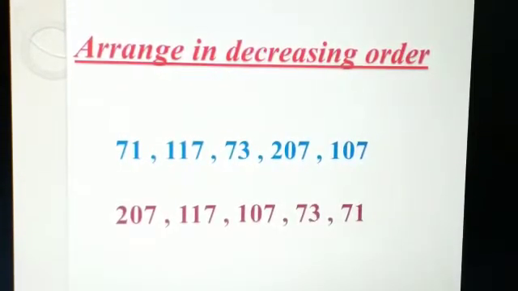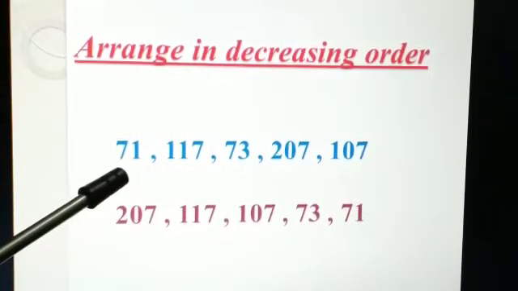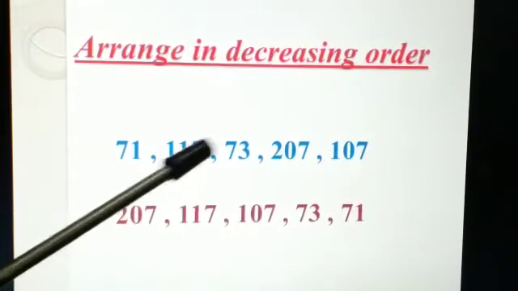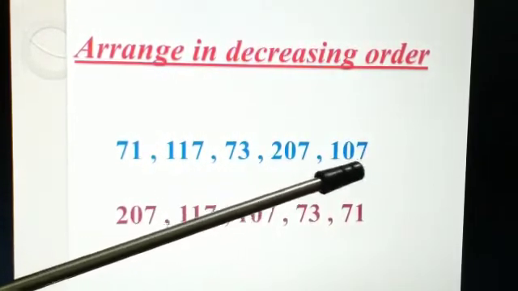Now our next topic is to arrange the numbers in decreasing order, that is also known as descending order. Descending order means arranging the numbers from the greatest to the smallest. So here we have some numbers that are 71, 117, 73, 207 and 107.